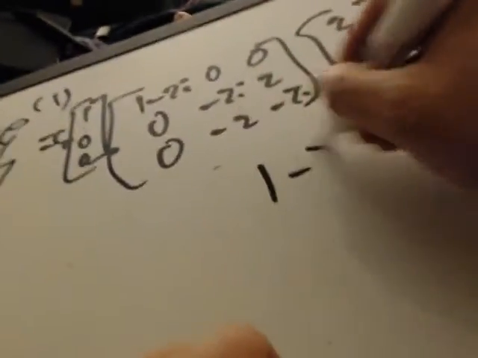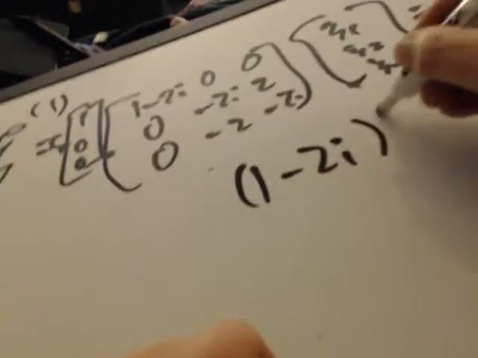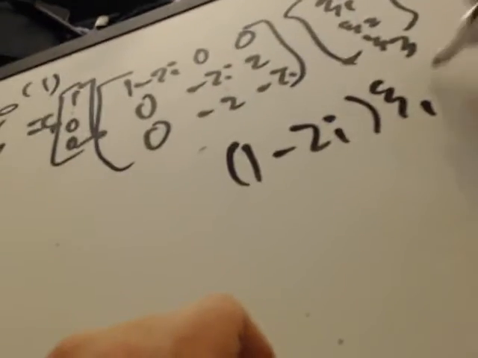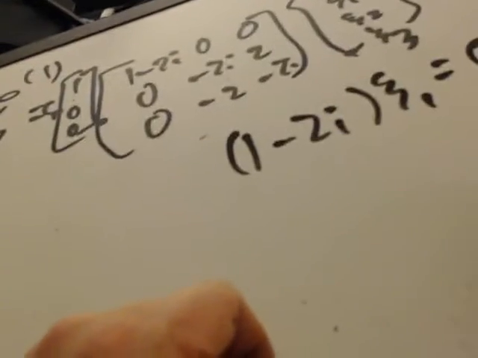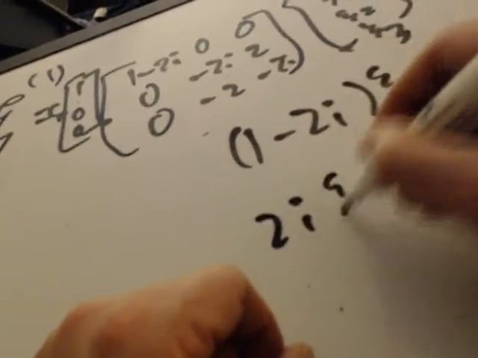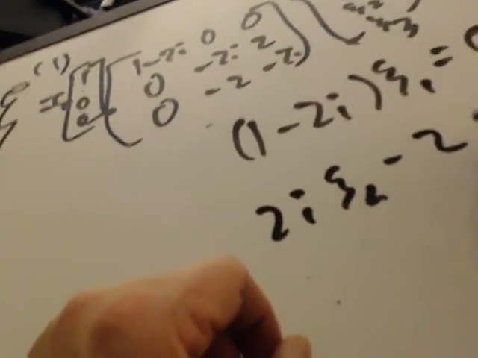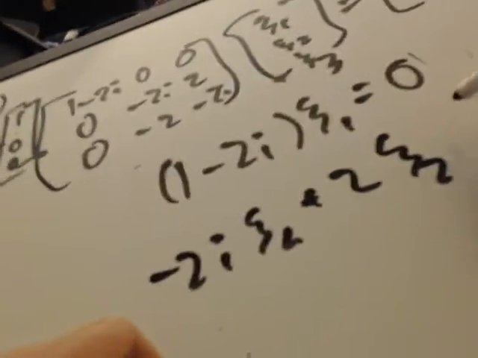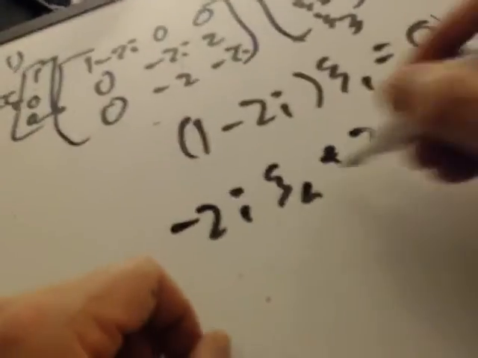So if we do this out, we look at this. We have 1 minus 2i times xi1 is equal to 0. Then we have minus 2i xi2 plus 2 xi3 is equal to 0. Sorry, let's try it again.